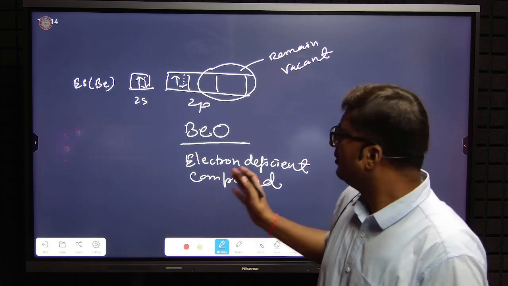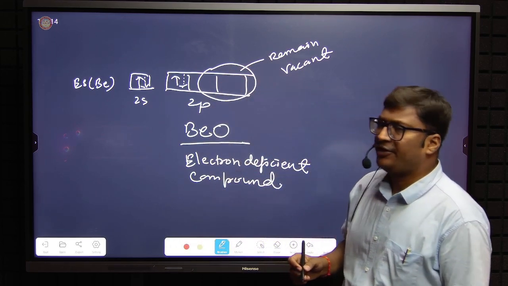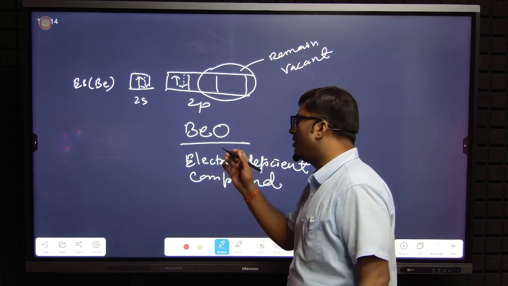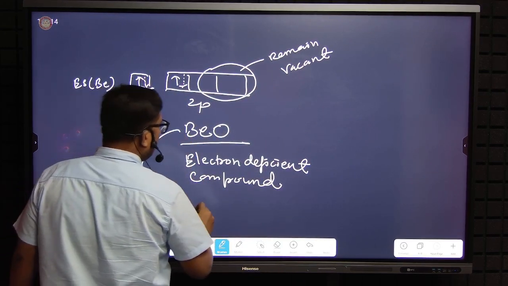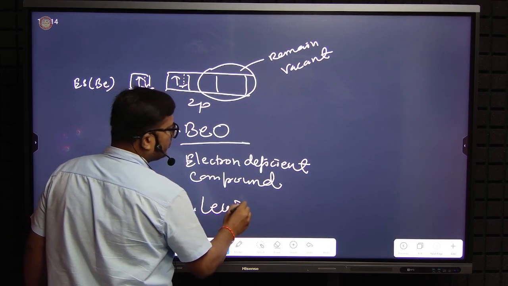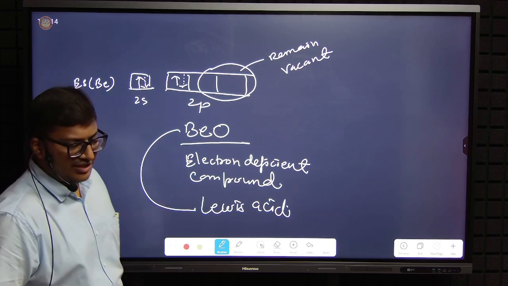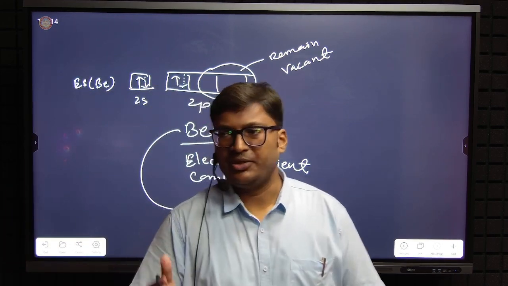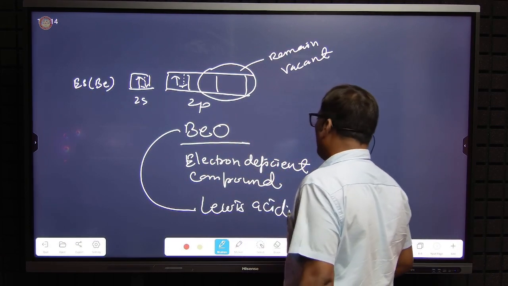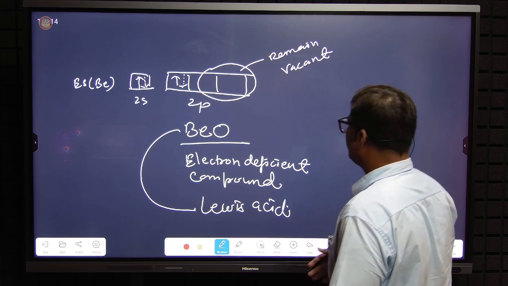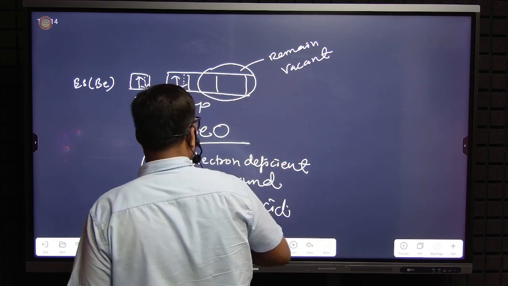So they can accept a pair of electrons from bases or ligands. So they are also Lewis acids. A Lewis acid accepts a pair of electrons. So beryllium compounds or beryllium oxides are Lewis acids.